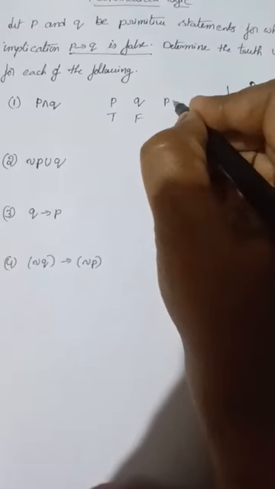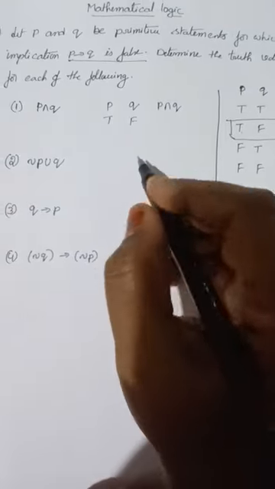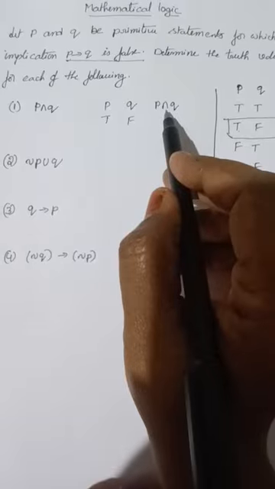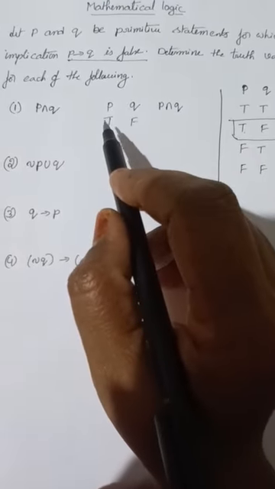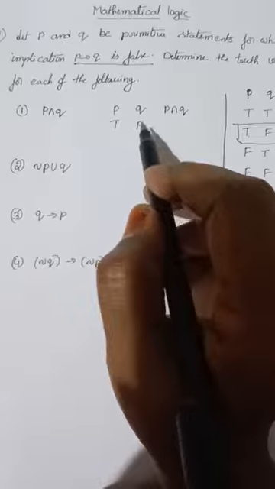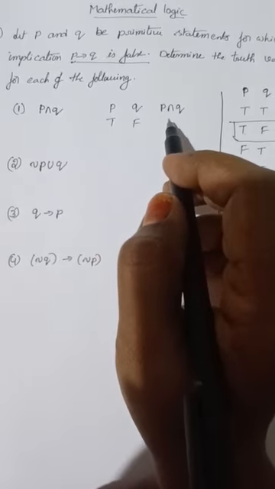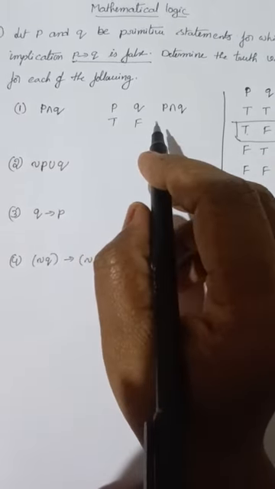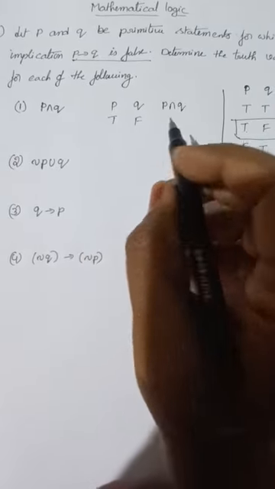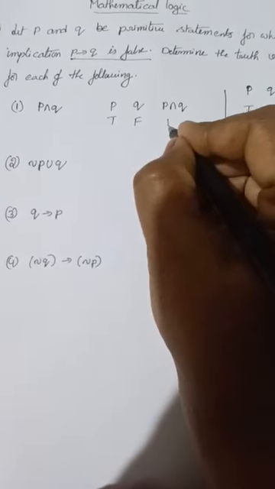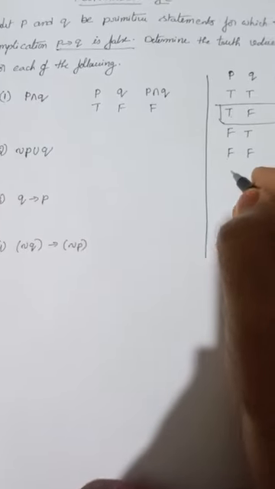Now they are asking that P intersection Q. Intersection element means P must be true, Q must be true, then it will be true. In remaining all cases, it will be false, right? So, the answer of this is false. You can write that here.